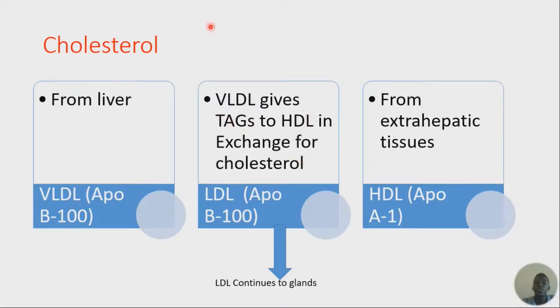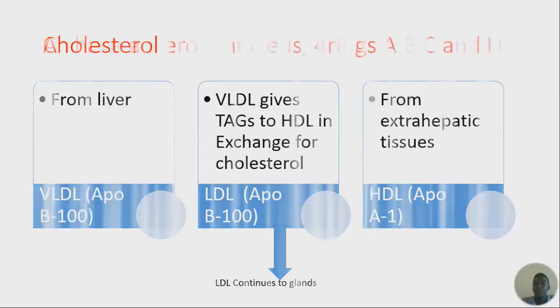When the cholesterol goes to VLDLs, they form LDL, with the same apoprotein, and this is the one which continues to the glands for synthesis. HDL is just from extrahepatic tissues carrying cholesterol in high quantity.